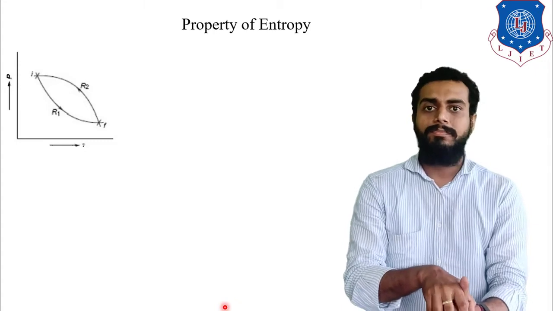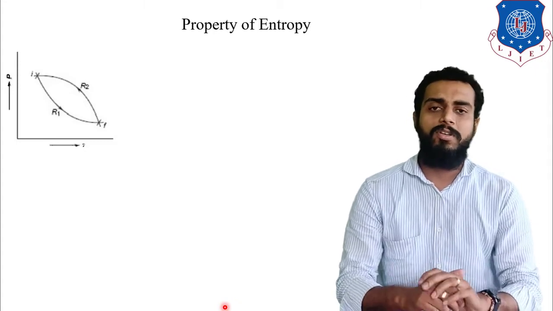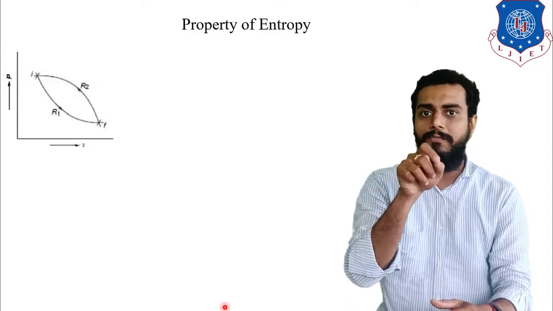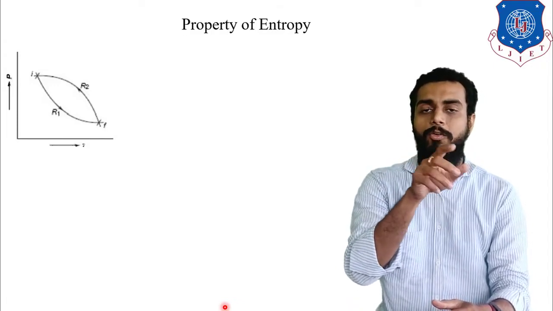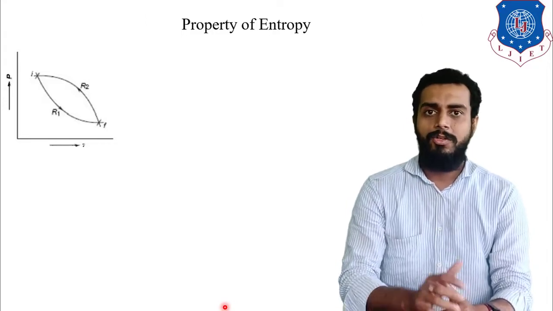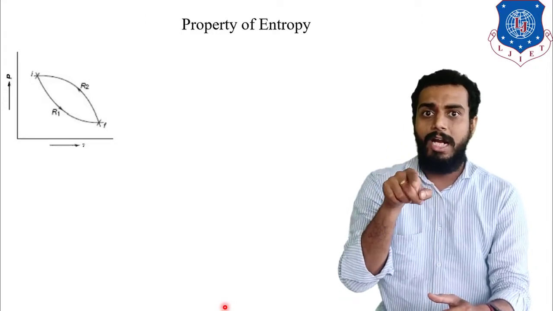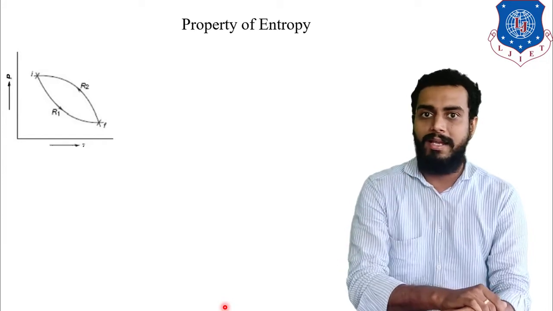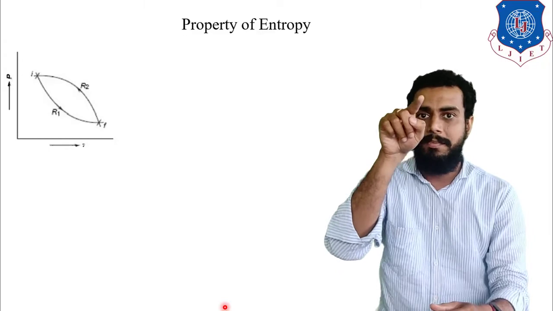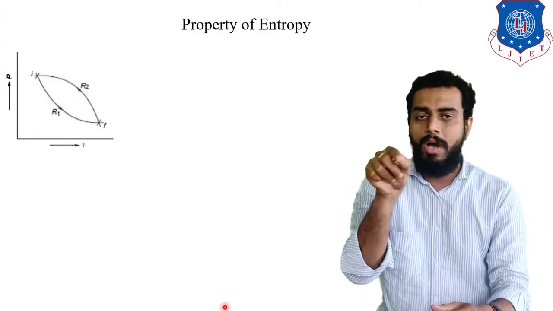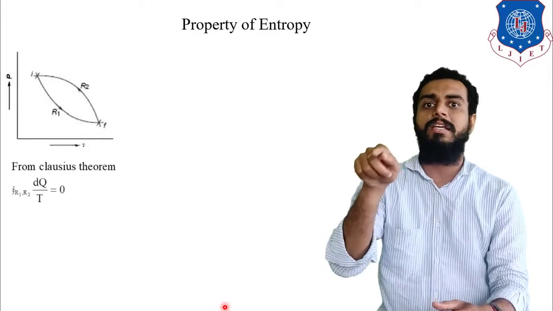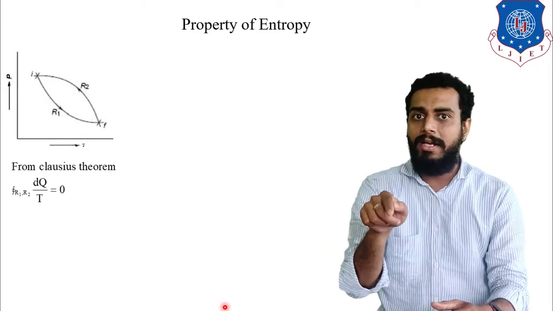Now here, from the Clausius theorem we know that the integration of dq by T is equivalent to 0 for any cyclic process or any cycle. Here the cycle is what? R1 and R2 together constitute the cycle. That is why I write the cyclic integral. See the symbol, integration with a circle at the center, which represents the cyclic integration of R1 and R2.